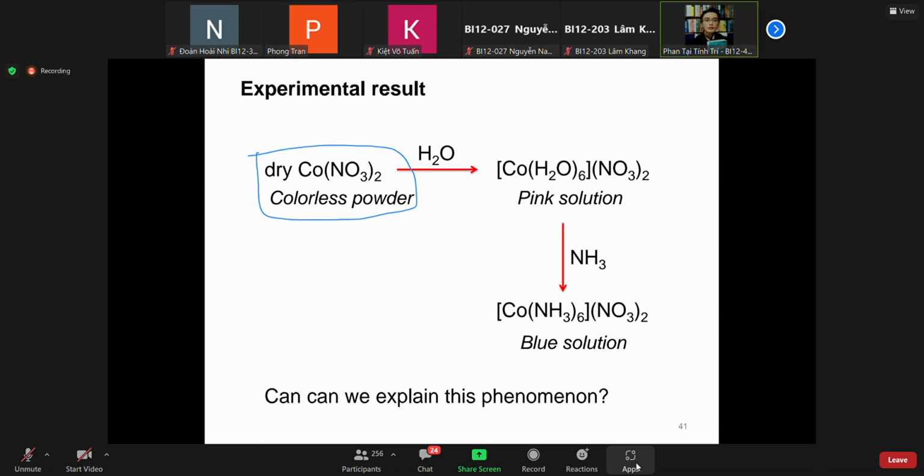And the difference in that energy is associated with a wavelength that we can observe with our eyes, the visible region. Okay, and then why when you drop NH3 inside does it become blue? The effect of ammonia and water on the d orbital is different, so you will get different colors.